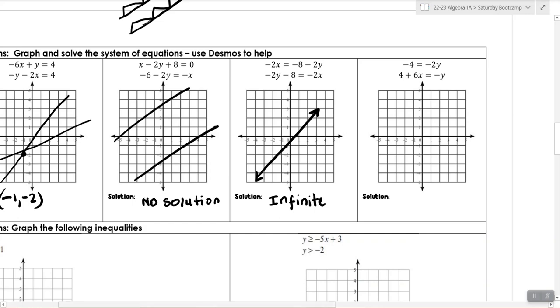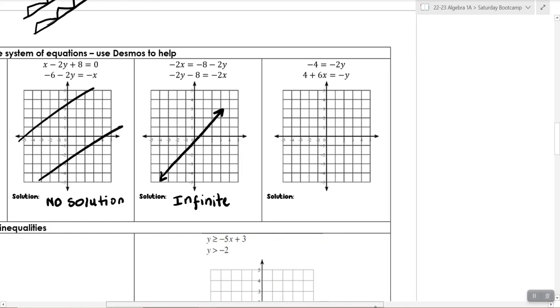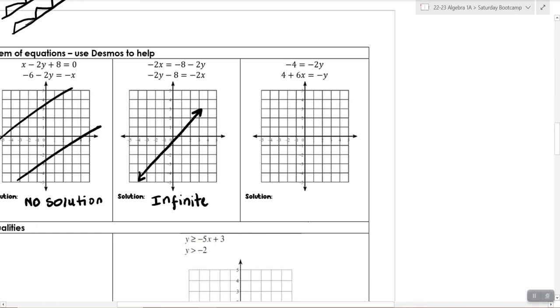All right, the next one. For those of you that took a moment from the time that I gave you to graph them, what did it end up looking like? -1, 2. So you had one solution. Yes or no? So over here, I don't know which way the lines went.